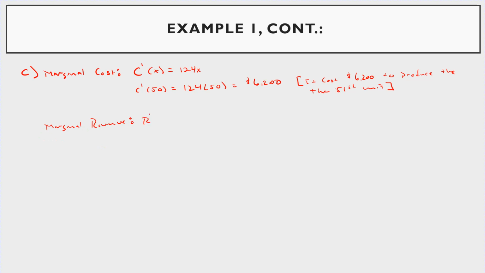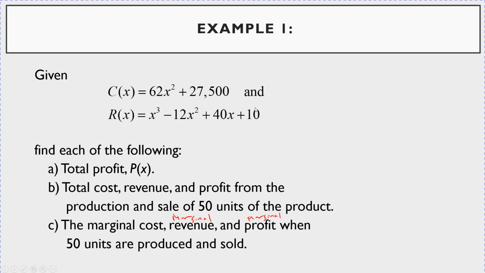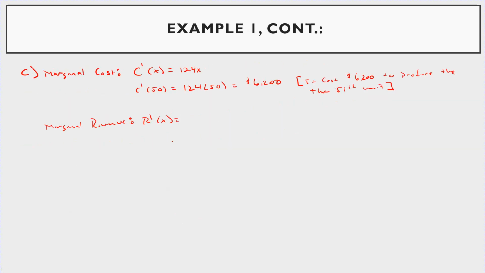Okay. So now let's do marginal revenue. That's R prime of x. So you have to take the derivative of the revenue function here. That's easy. It's 3x squared minus 24x plus 40. So the marginal revenue at 50 units, you're just going to plug 50 into here.